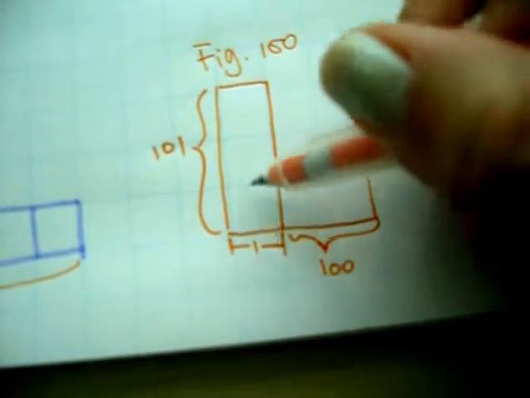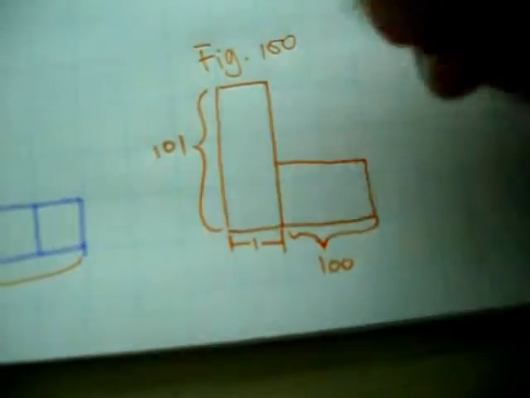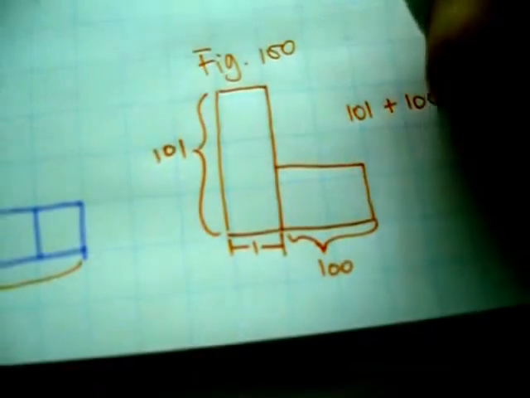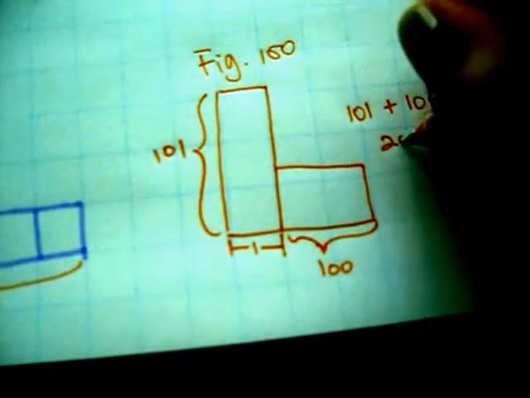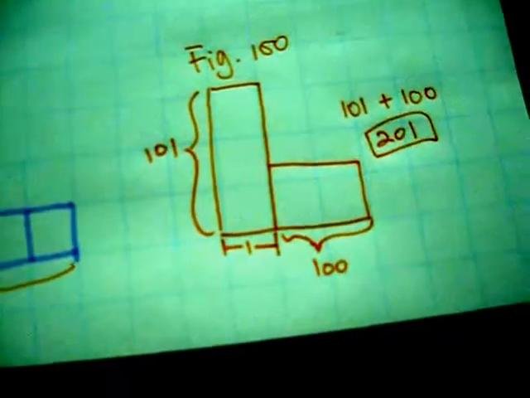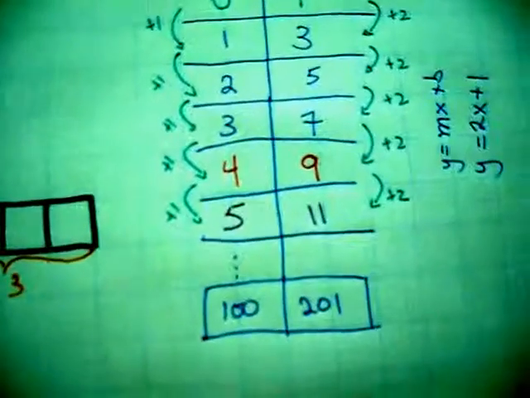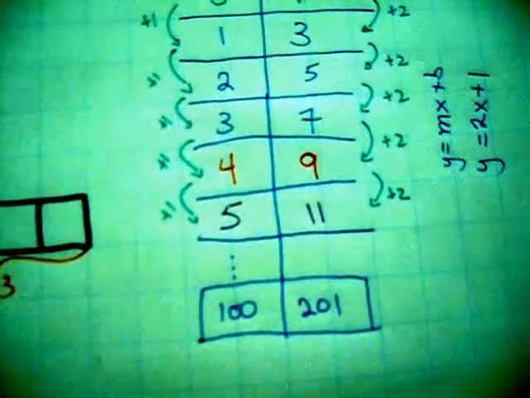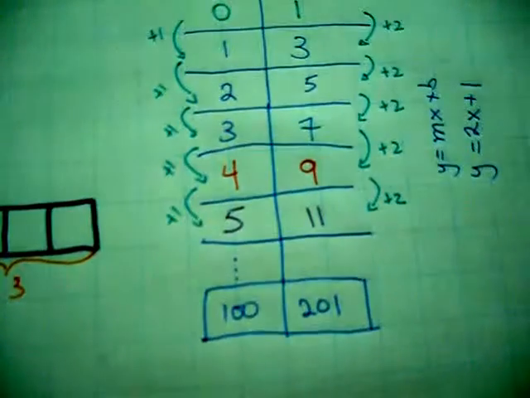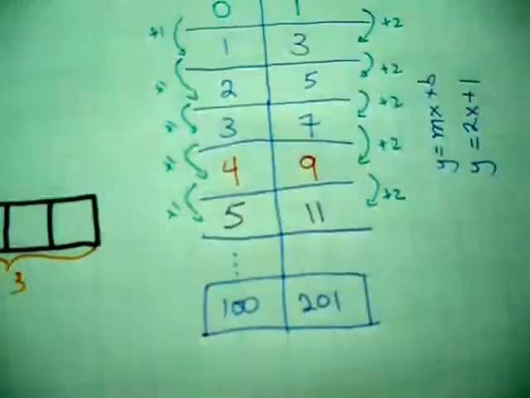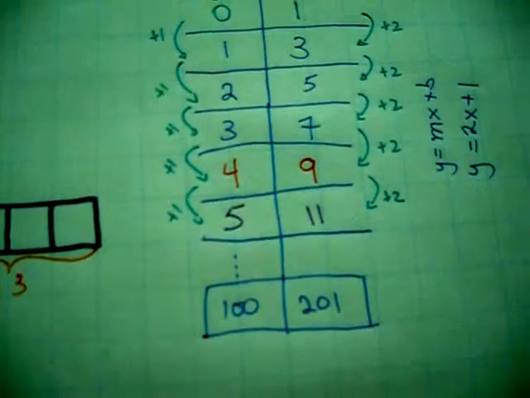So altogether, 101 plus 100 gives us a total of 201 boxes for figure 100, which matches what we found in our table. And if you did a problem 2 or 3 different ways and your final answer matches, it's probably correct, assuming that you did the methods correctly.